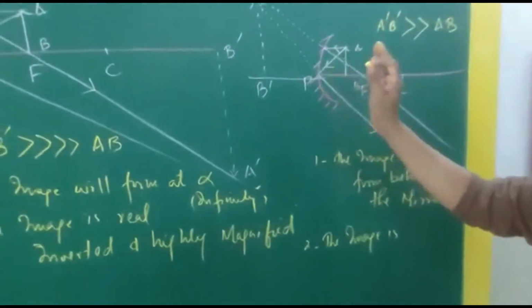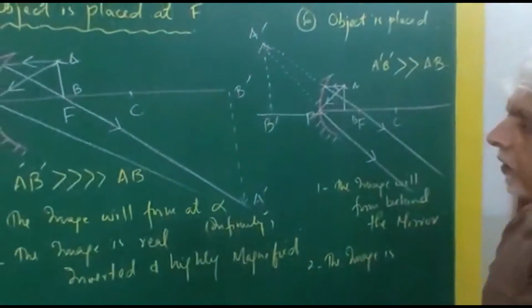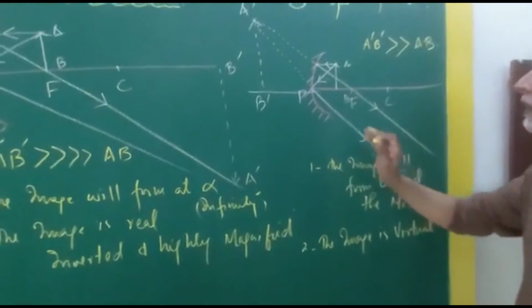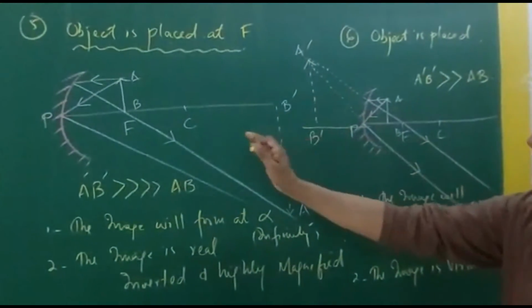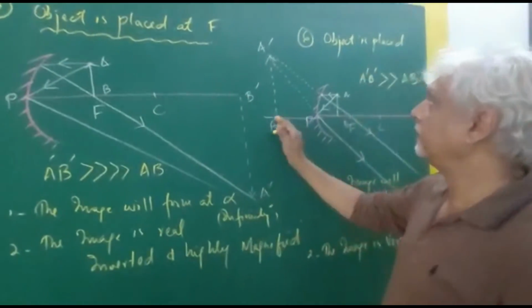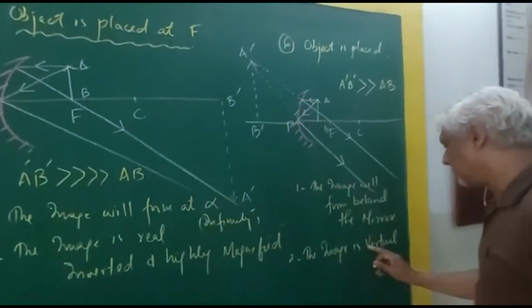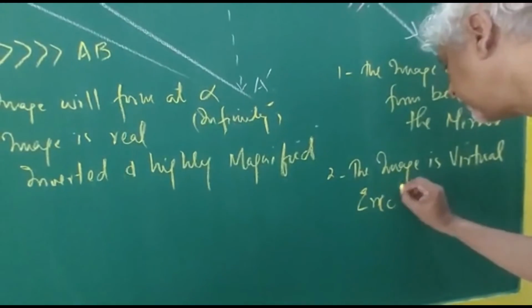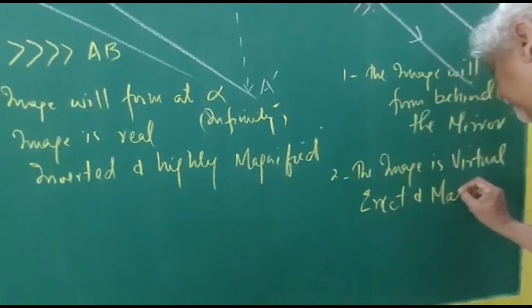It's not real, it's virtual because it is behind the mirror. You cannot see it, so it is virtual. It is not inverted, it is in fact erect. Unlike the previous five cases, where we had an inverted image, over here you get an erect image. So it is virtual, erect, and magnified.